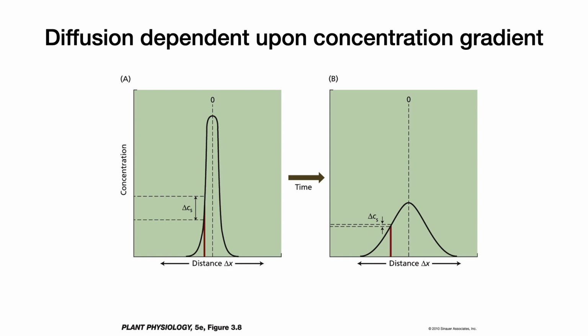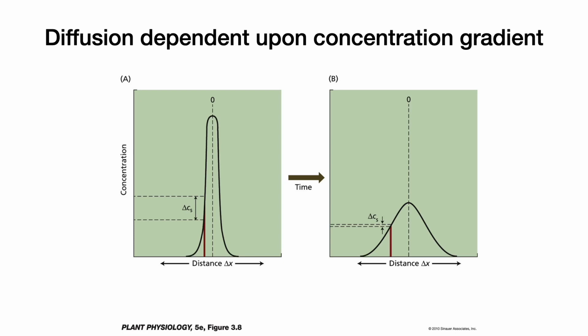So we can see the delta S, or that's the triangle, which is referencing the differences in concentration, over the delta X, which is representing, again, the triangle with an X that represents a change in distance.